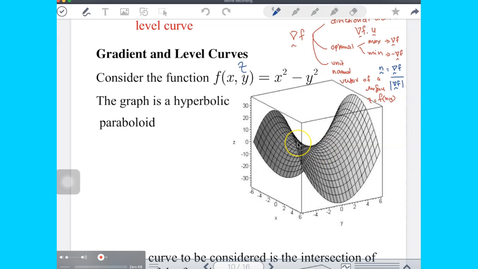Now we want to find the level curve. Hopefully in Math Method 1 you still remember the meaning of the level curve. A level curve is obtained when we substitute z by a constant value.